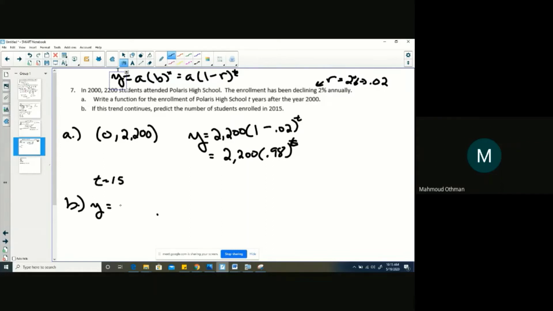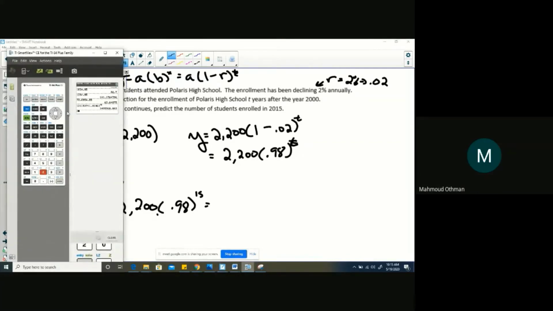So then I got y equals 2,200 times 0.98 to the 15. I'll grab my calculator. 2,200 times 0.98 raised to the 15.